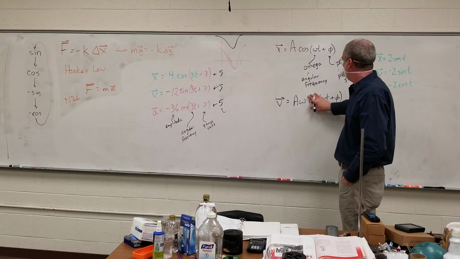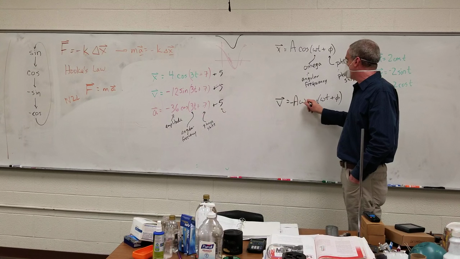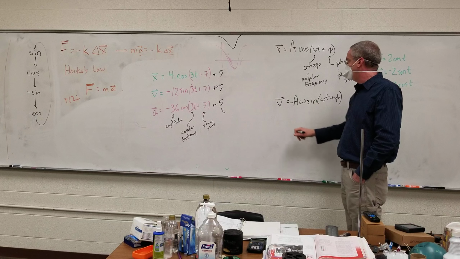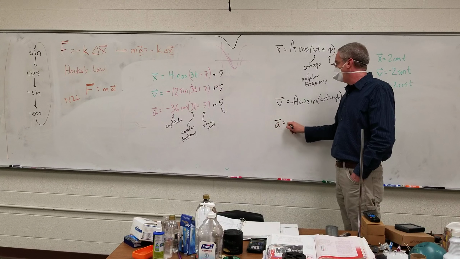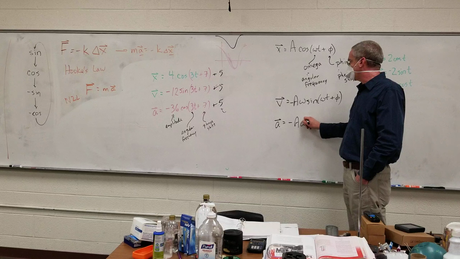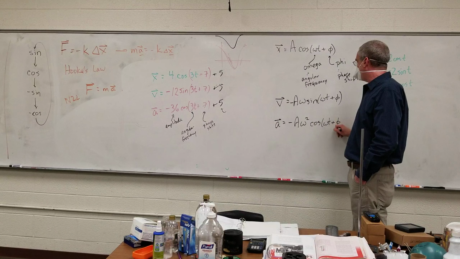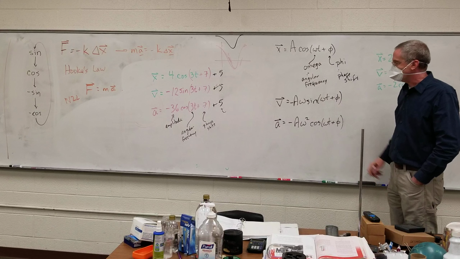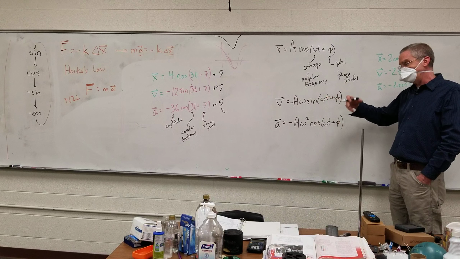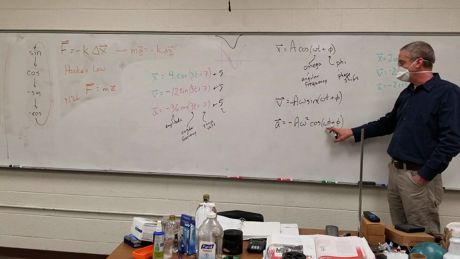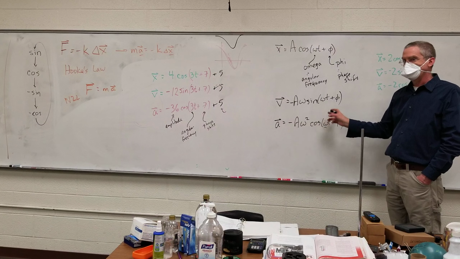Oops, messed up there, that should be negative sine. And then acceleration, negative A omega squared cosine omega t plus phi. So each time I do a derivative, each time I do the slopes, I'm going to multiply times the angular frequency.